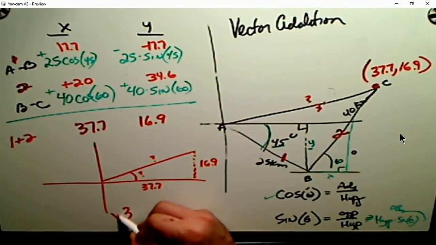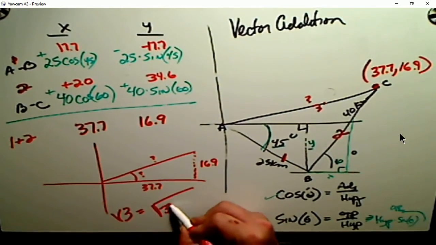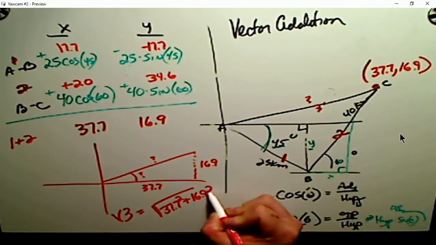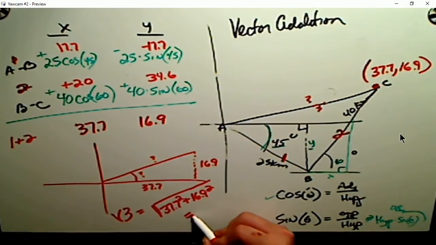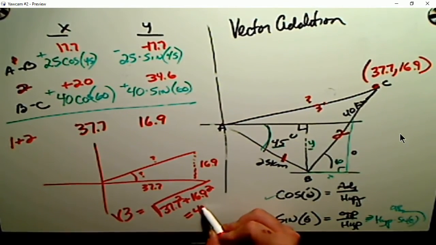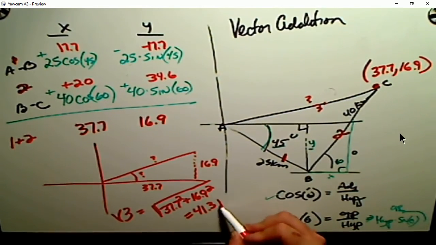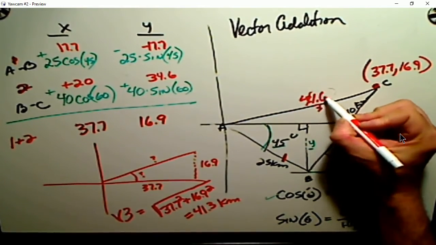Vector 3 is equal to the square root of 37.7 squared plus 16.9 squared. Pythagorean theorem. That gives us 41.6, and since the unit's in kilometers, this distance is 41.6 kilometers.